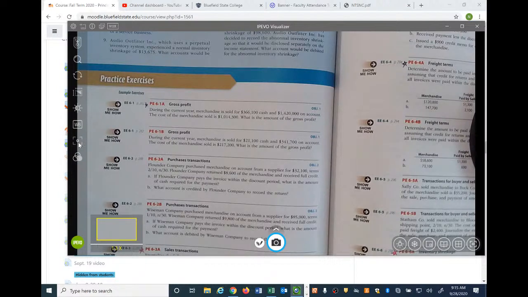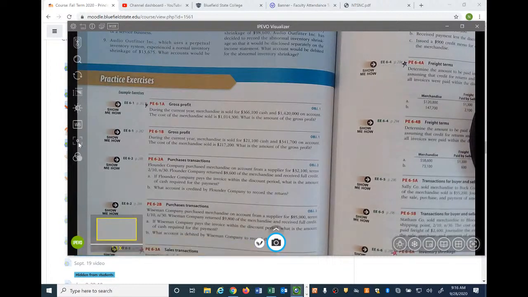What exactly is gross profit again? Right, so the difference between what you bought merchandise for and what you sold it for, right?